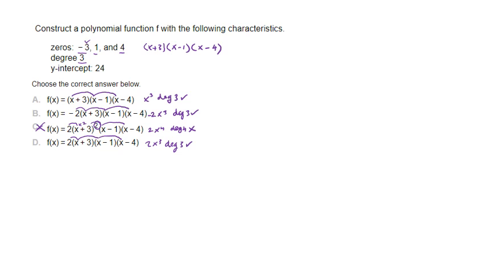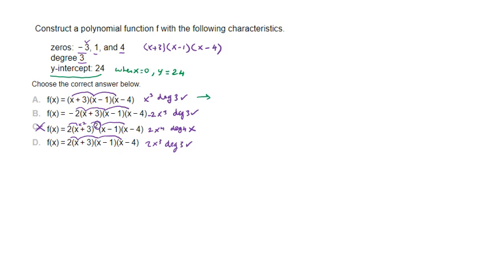And then the last condition is that the y-intercept is 24. Which means that when x equals 0, we know that y has to be 24. So let's take a look at the three options that we have.